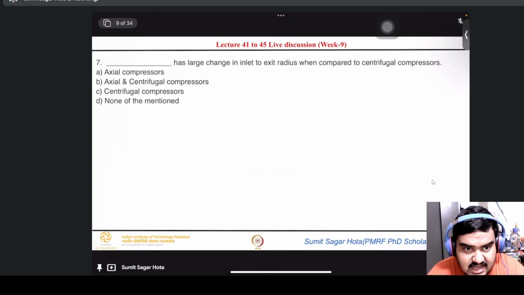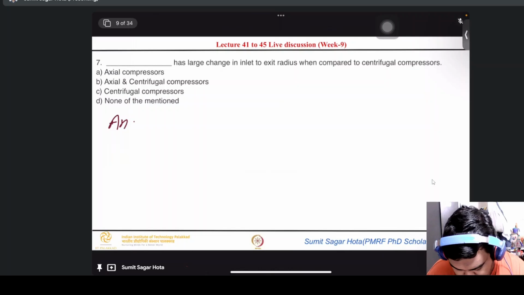Dash has a large change in inlet to exit radius when compared to the centrifugal compressor. So obviously the axial compressor is having a higher change in the inlet to exit radius as compared to the centrifugal compressor.